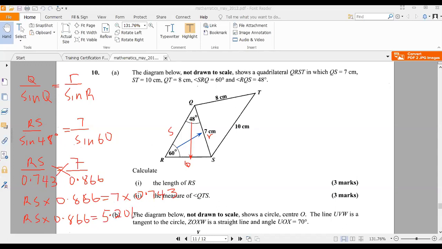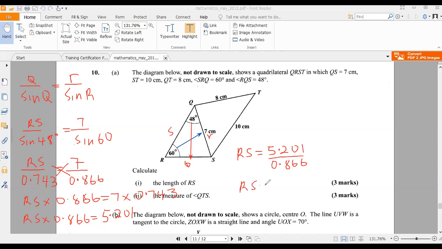5.201. Okay. Now remember, we're going to find RS. So RS is equal to 5.201 divided by 0.866. So let's find RS now.